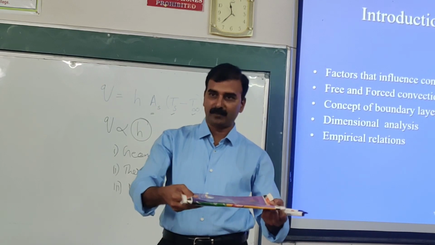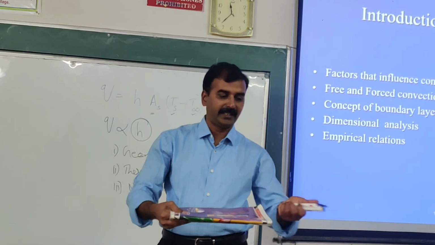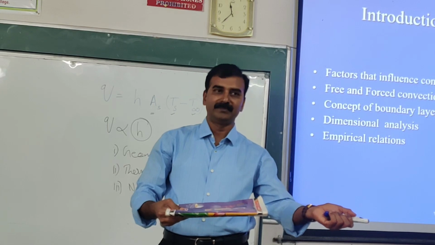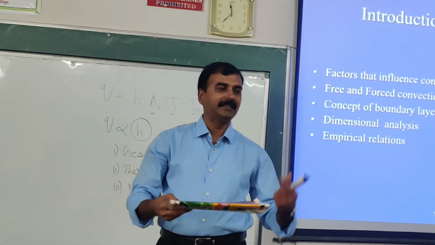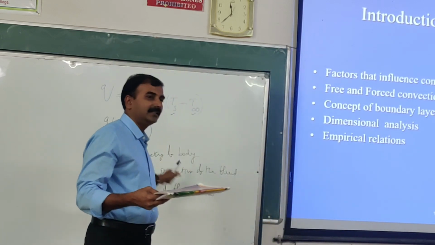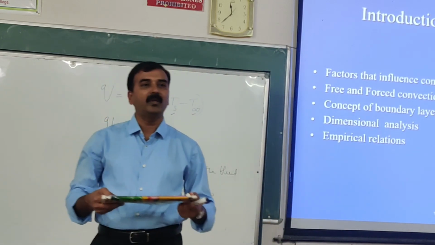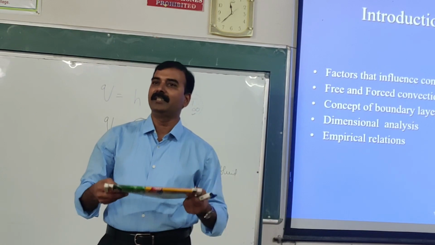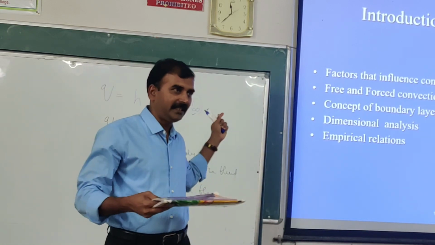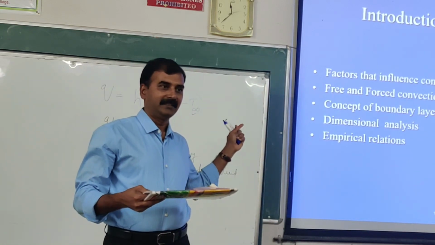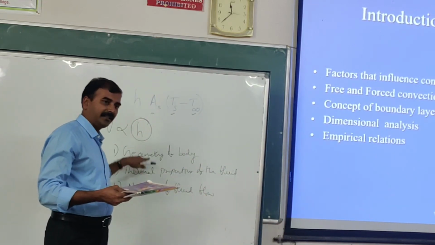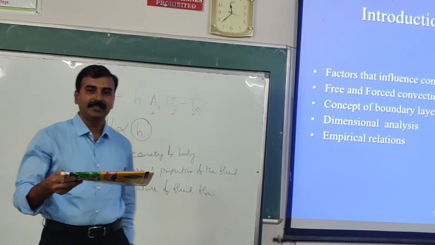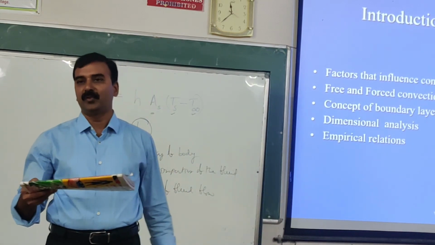This could be a flat plate like this, or this could be a cylindrical surface, let's say if it is a pen, right, or maybe a spherical ball. So all these are part of this geometry of the body. So how is this heat transfer, or heat transfer coefficient, impacted by this, right? This is one of the factors that contributes to it, right?